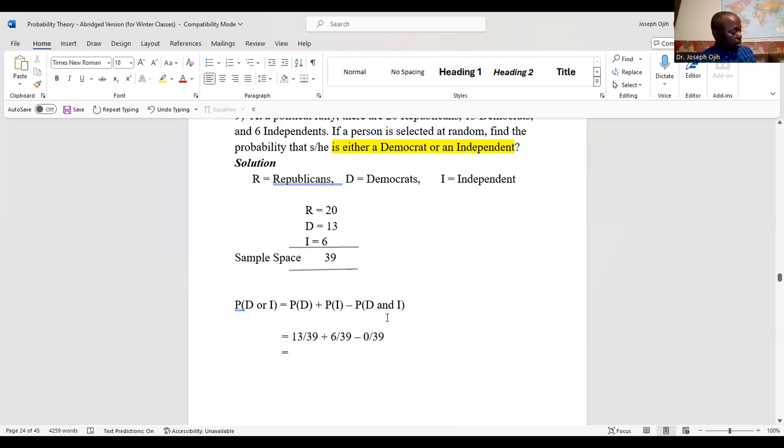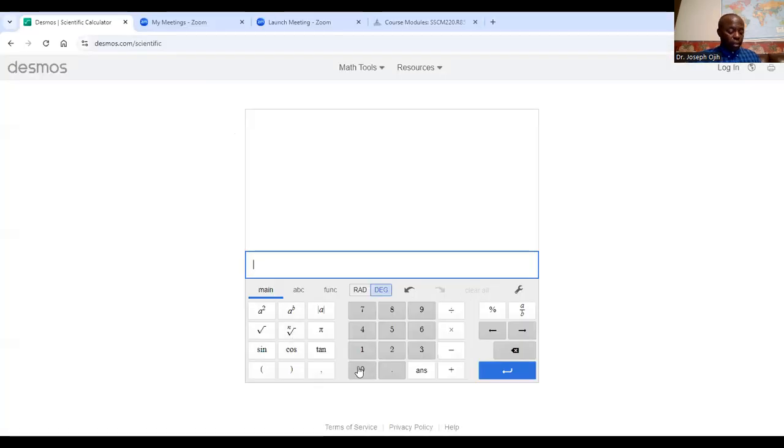So let me write this down so you can get it. I've got 13 over 39 plus 6 over 39 minus 0 over 39.